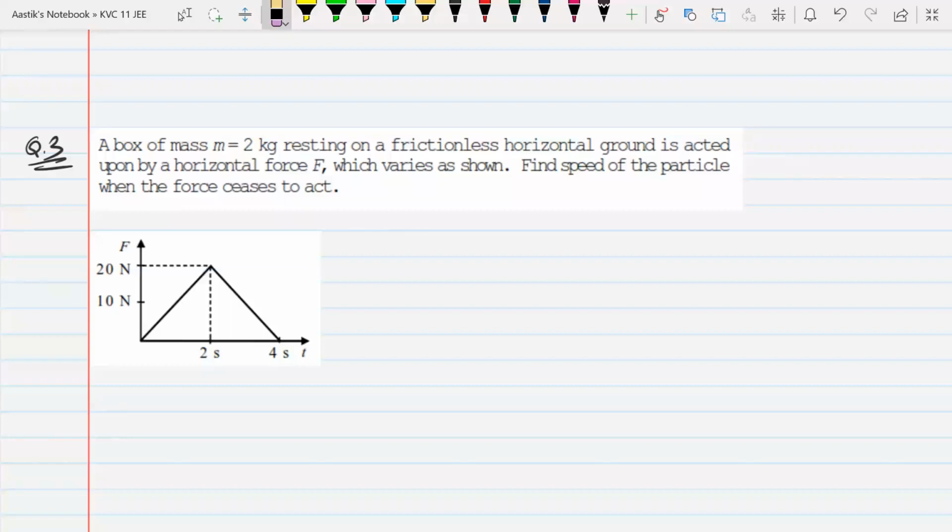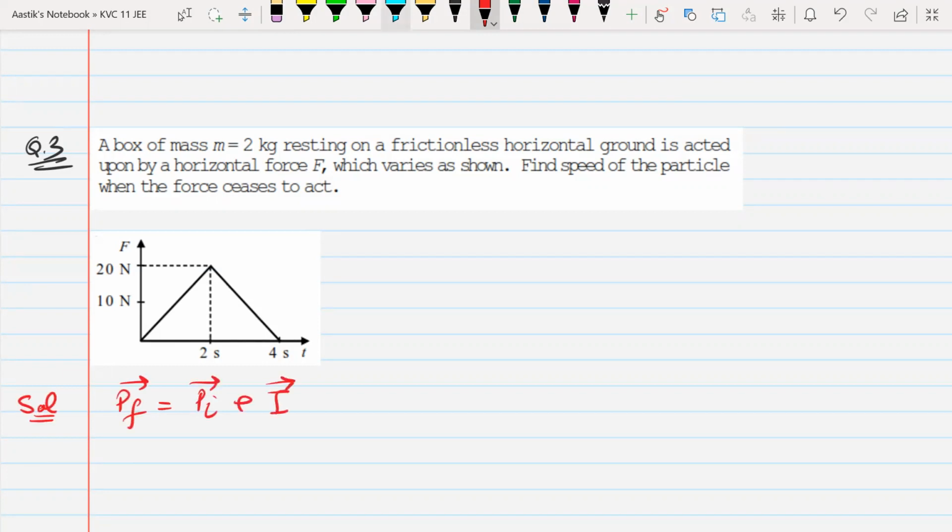Well done. So how do you have to do this? Again, this is the same question, but now the force is given in terms of a graph. Final momentum is equal to initial momentum plus impulse.